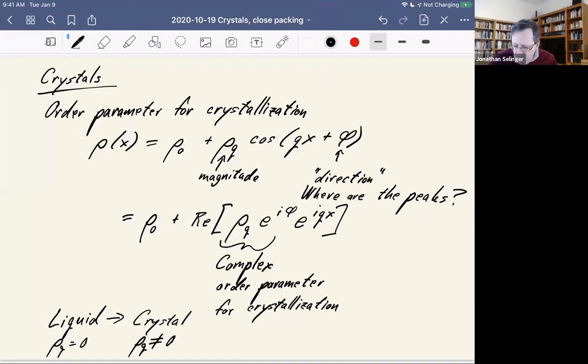This rho q, by the way, is an order parameter that describes the positional order.